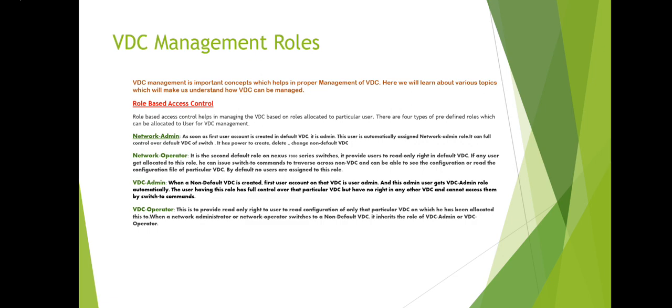VDC admin will have control over the VDCs provided or given by the network admin. It can only take control of the respective VDC which has been allocated by the network admin. Operator will have read-only access.